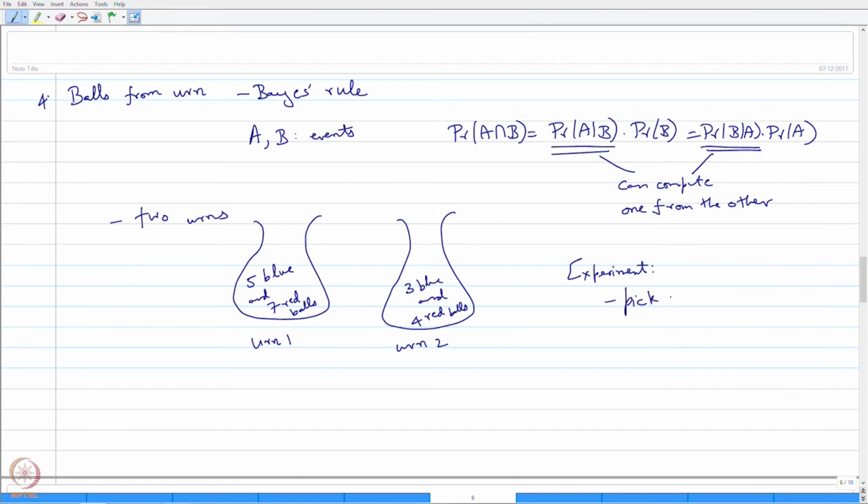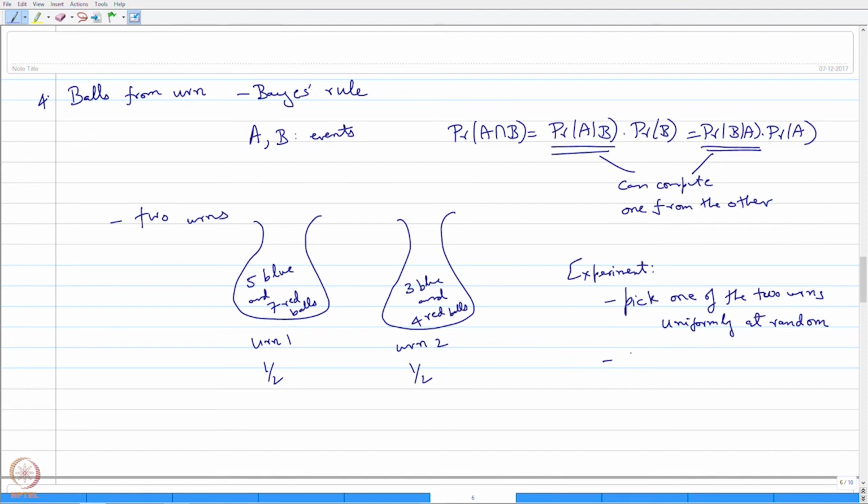You pick one of the two urns uniformly at random. What does that mean? I pick urn 1 with probability half, urn 2 with probability half. If you want, you can write that down here.